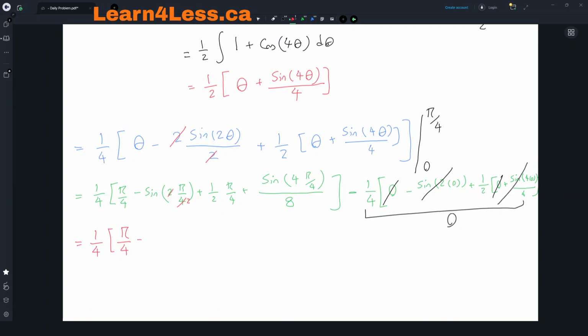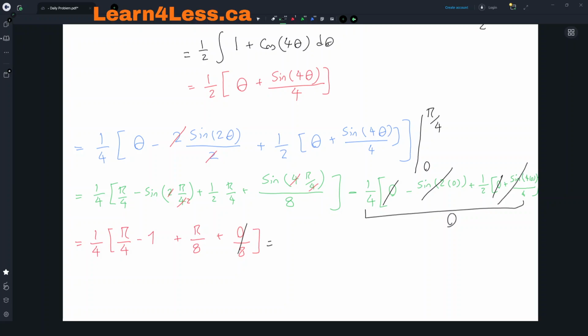Sine of pi over 2, we should know that it is just 1, plus half times pi over 4, which is just pi over 8, plus this term, sine of 4 times pi over 4. We can simply cancel these, which is just sine of pi. And again, we need to know that sine of pi is 0. So we have 0 over 8, which is just 0. I didn't have to write it.